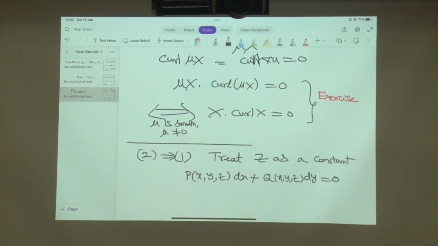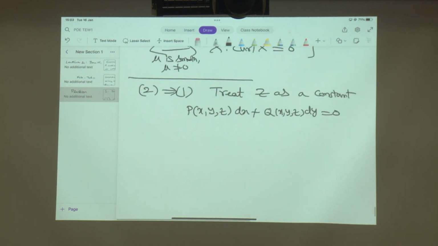This is what I have. Now, z is a constant fixed somewhere. So you have essentially a Pfaffian equation in 2 variables, which is integrable, which means there is a solution. You can assume that there is an integrating factor, whichever way is going to be useful for the later things. So here what I am going to do is, there exists this, I don't know what I should call it.